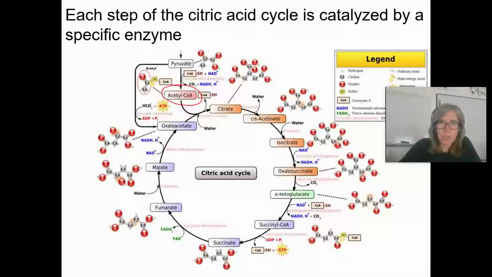It's that 2-carbon compound. Remember, you've got glucose, which has 6 carbons, broken in half to pyruvate, which has 3 carbons, like 1, 2, 3. It's broken to acetyl CoA, you release a carbon dioxide, you've only got 2 carbons. Right here, you've ripped off some electrons, so you make NADH. Anyway, acetyl CoA combines with oxaloacetate. There's an enzyme that does this, citrate synthase.